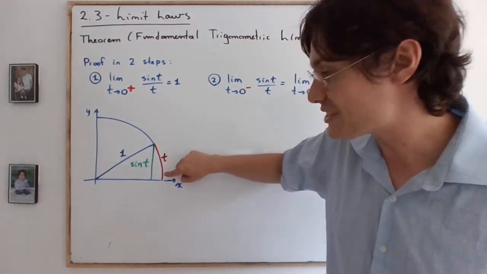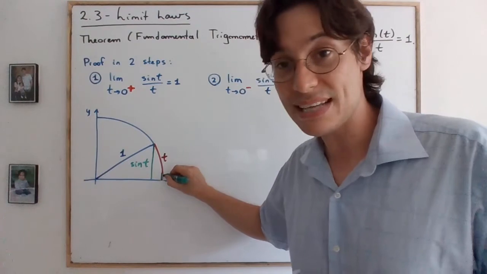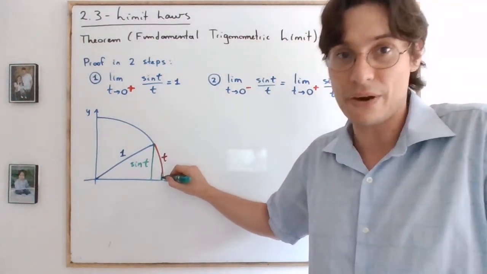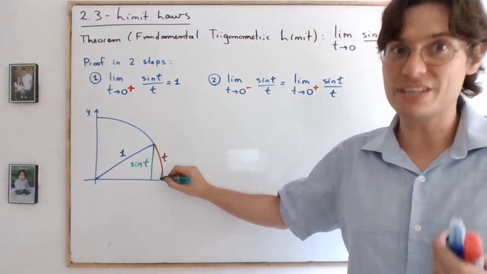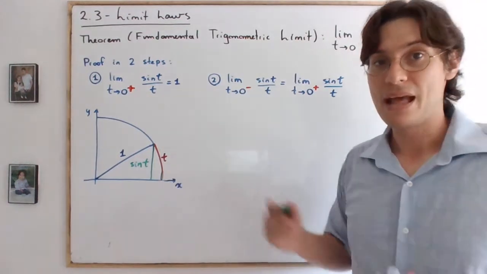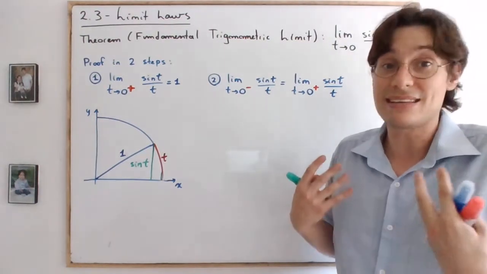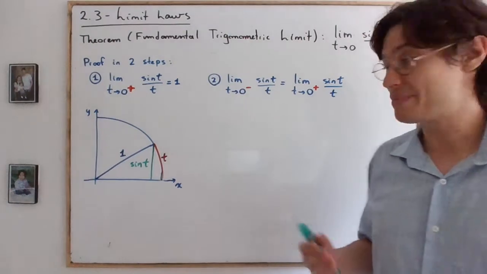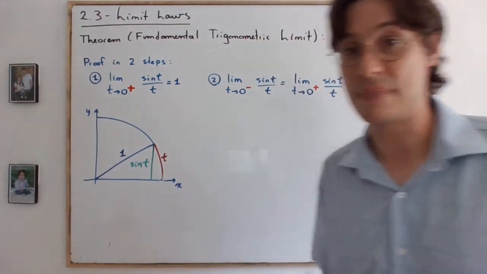You can imagine that for a very, very small angle, the height and the arc length are almost indistinguishable. So they're approximately equal, and this approximation gets better as the angle is closing into 0. Another way of saying that sine of t and t get approximately equal is to say that their ratio is approximately 1.